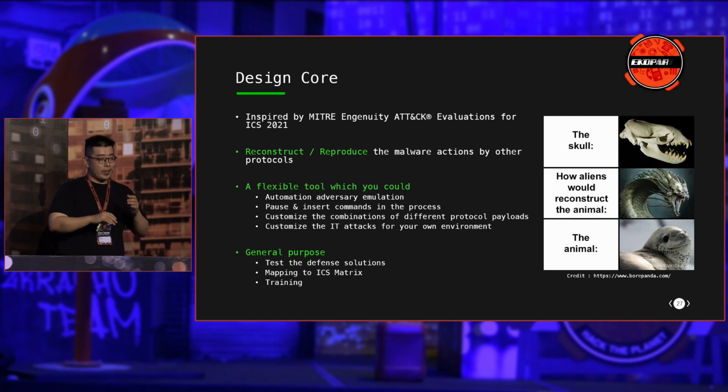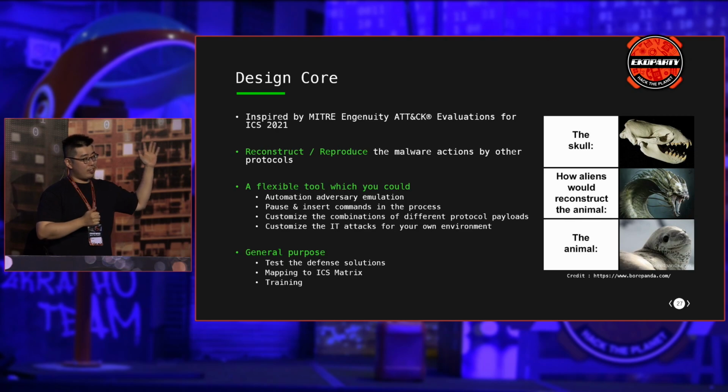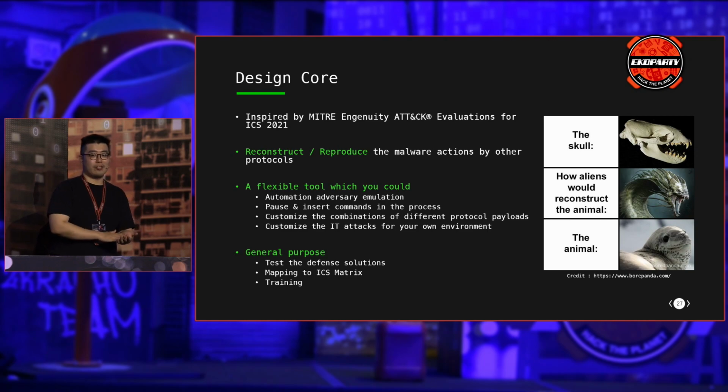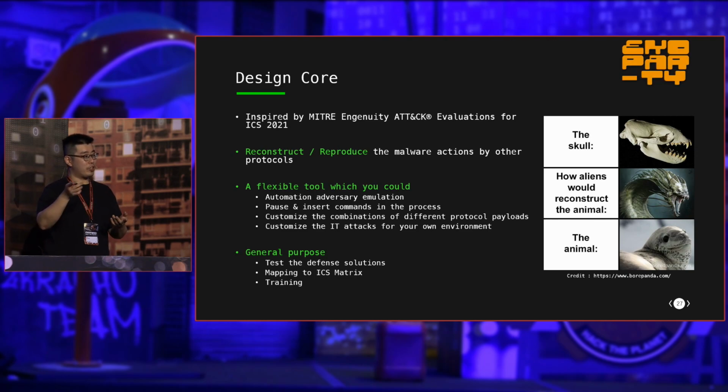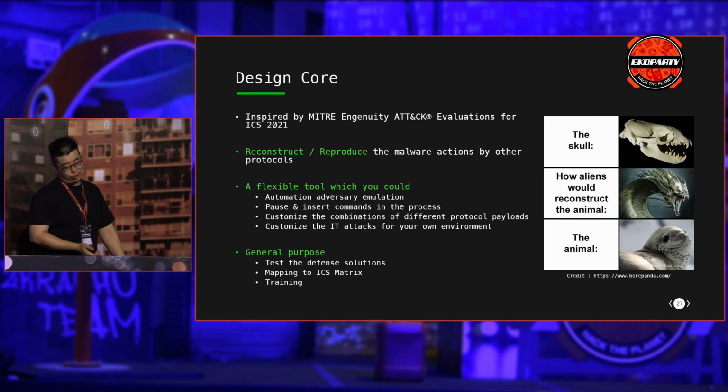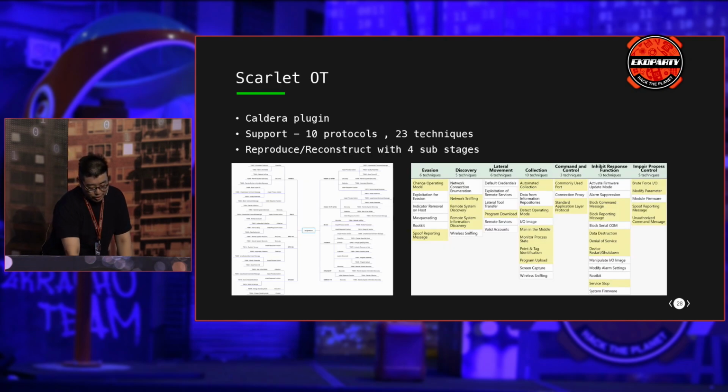And also, as we mentioned, if you want to attack an OT environment, you have to attack IT first, and we are not IT professionals, so we picked Caldera, which provides IT adversary emulation, and we built an OT plugin for Caldera, for education purposes.